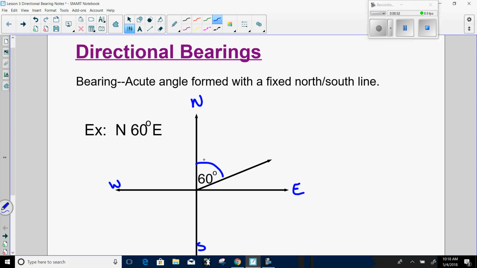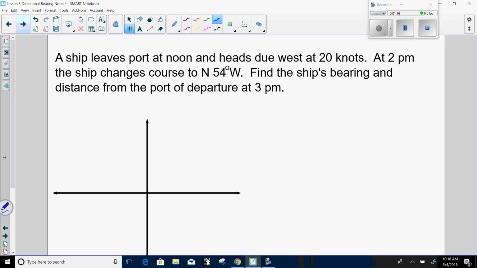Now, there's little sayings you can use to remember those: never eat soggy waffles, never eat shredded wheat, all kinds of different ways to remember north, south, east, west. But that's how you read that. North tells you to go to the positive y-axis, rotate to the east 60 degrees, and then you draw your triangle to the north axis, and you have a right triangle that you can work with. Okay? So we're going to look at some examples.